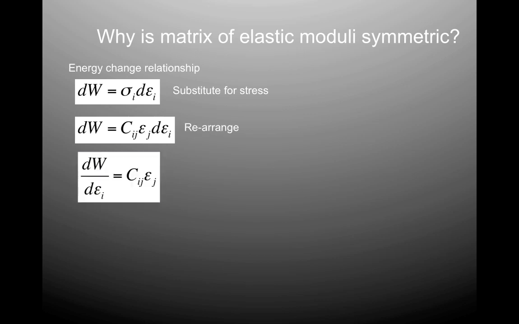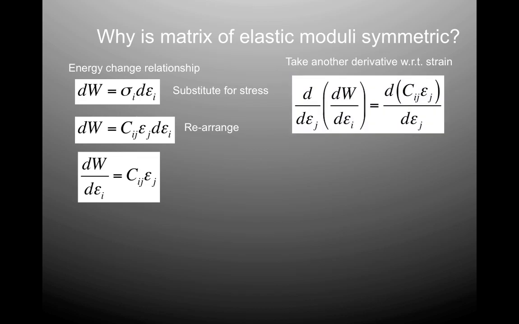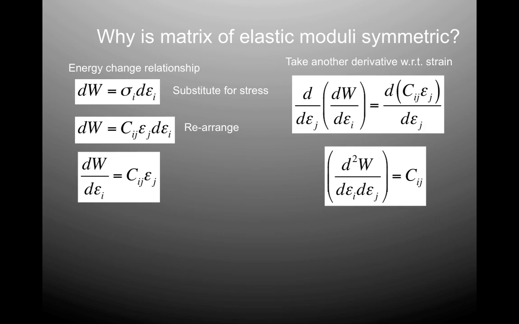Now we can rearrange this in this form where we have the change in work in the strain i direction is equal to the elastic constants tensor matrix times the strain in the jth direction. At this point, we can take another derivative with respect to strain on both sides of the equation. It looks like this. Perform the operations, and we have a second derivative of energy with mixed directions i and j is equal on the right-hand side to the coefficient of the matrix Cij.